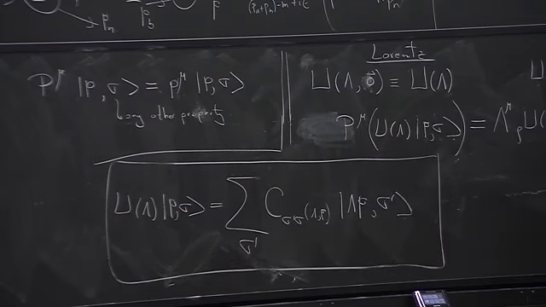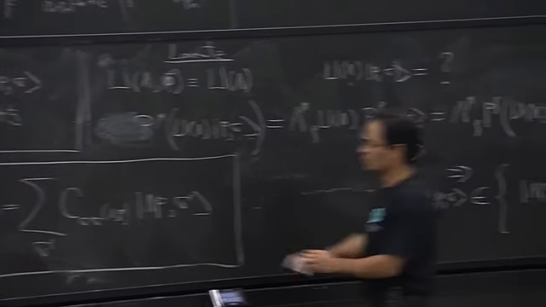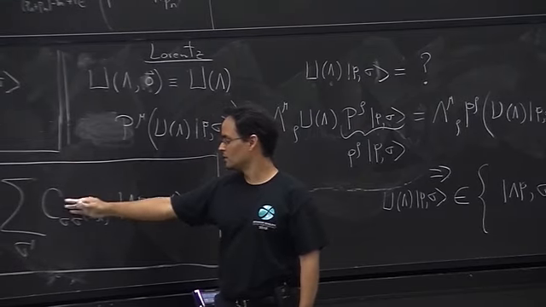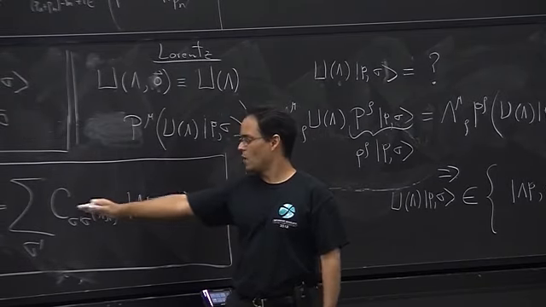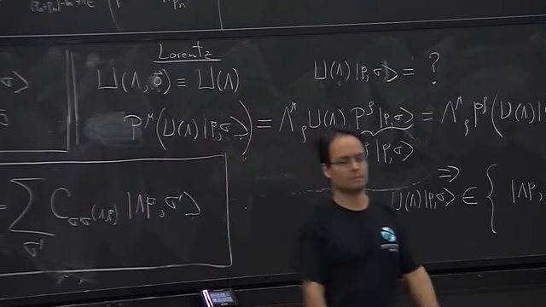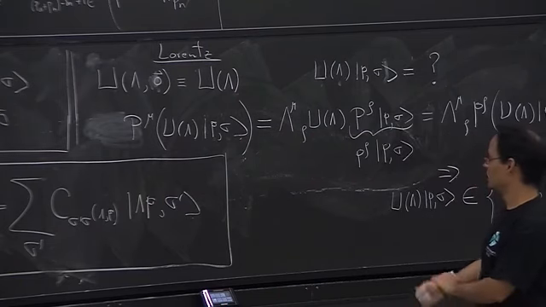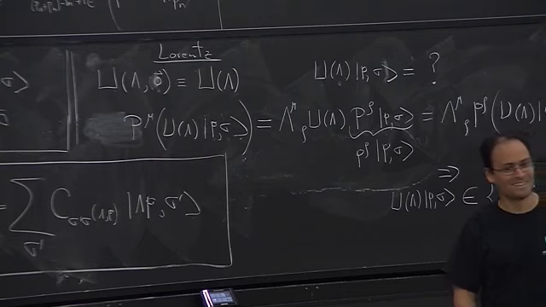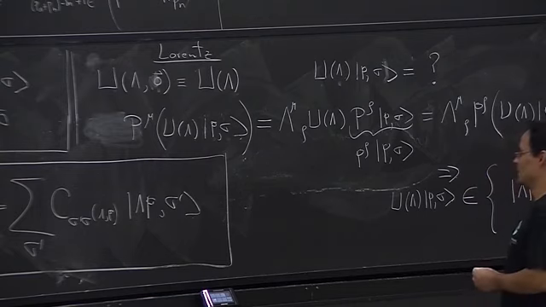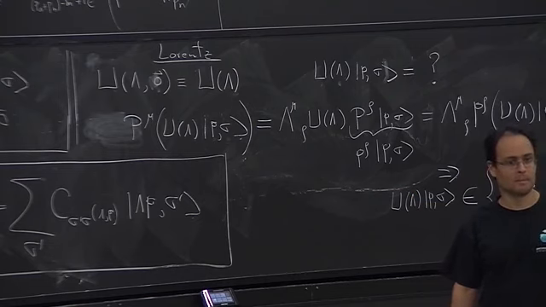Okay. Now, our job is to classify all possible ways this can actually happen. It sounds very complicated. And in fact, it is complicated if we just try like this. But there is a trick that will make our life simpler.